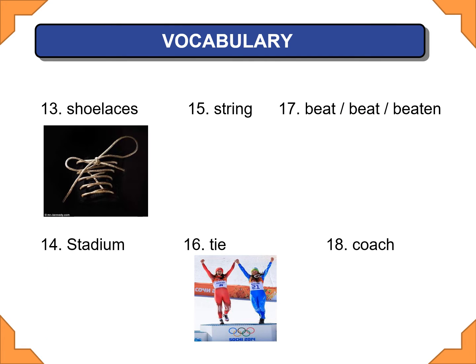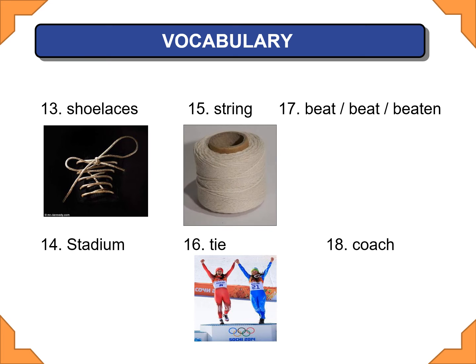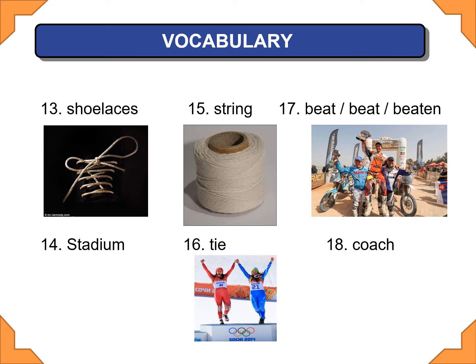Shoelaces. Shoelaces are the strings that you use to tie up your shoes. Those are shoelaces. A string is like a rope, but thinner, not thicker like the rope, okay? Beat, beat, beaten, that's an irregular verb.